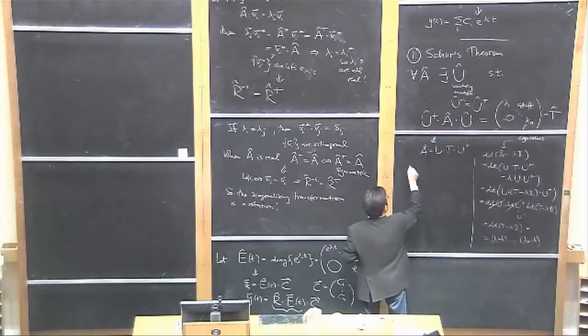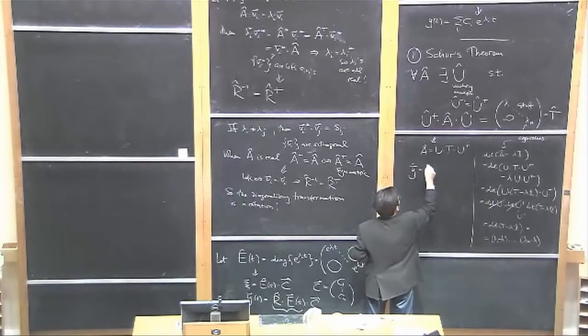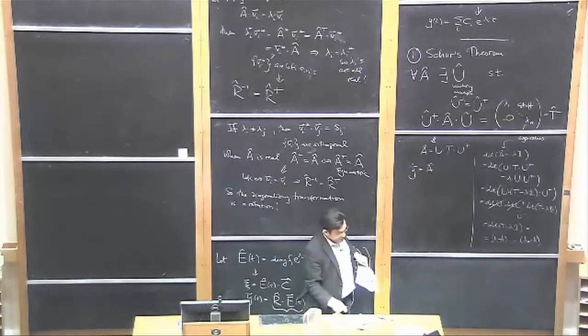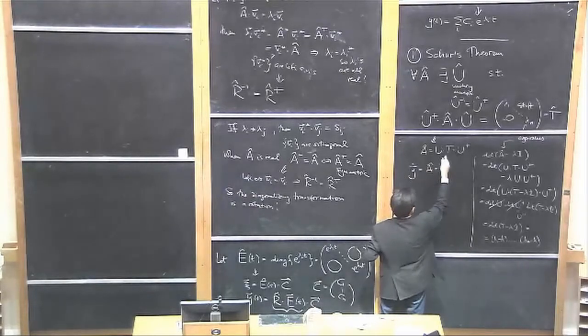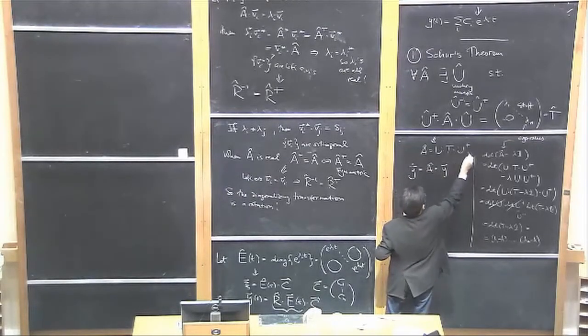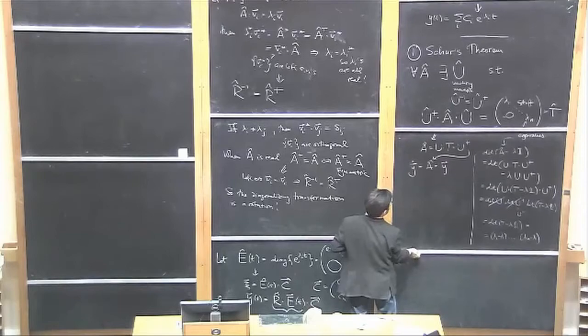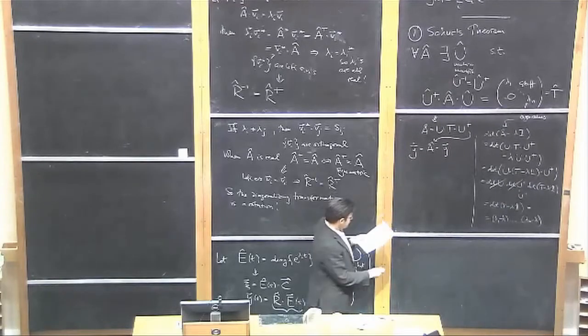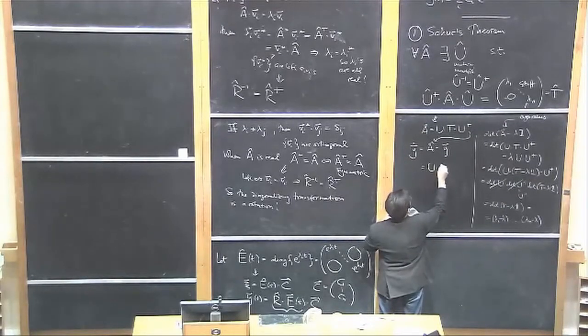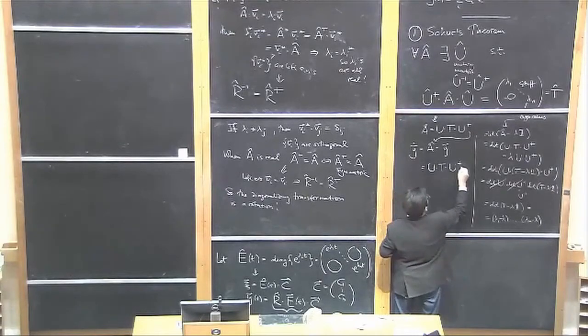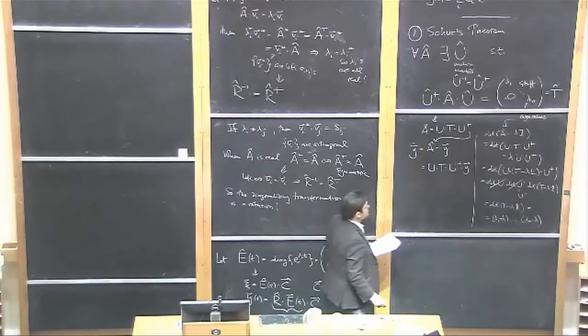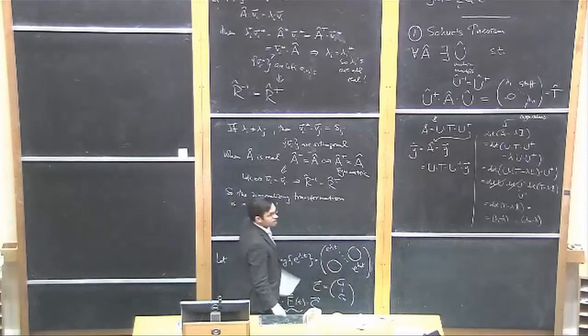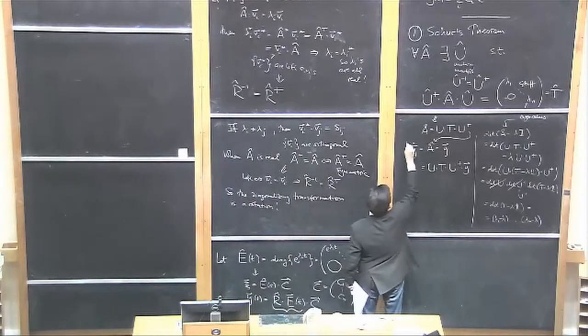Well, let's take our differential equation and see what happens if we substitute this triangular decomposition into it. This will say u dot T dot u dagger dot y. Now multiply the whole thing by u dagger.